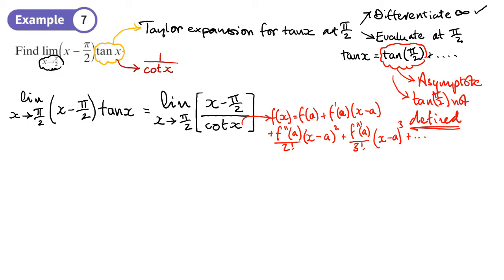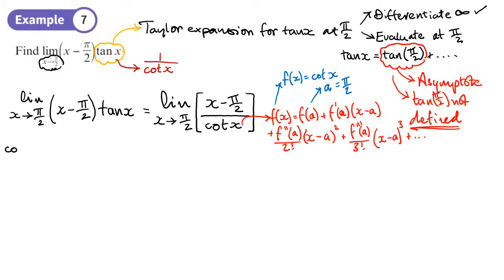So let's start with f of a, so that will be cot pi over 2. So our function, let's just say, f of x is cot x and a is pi over 2.